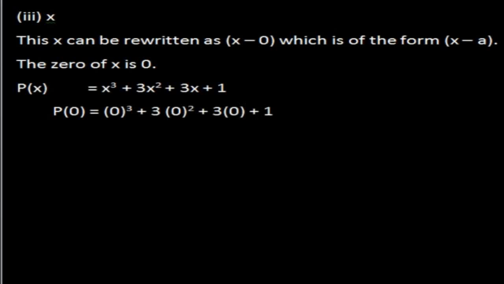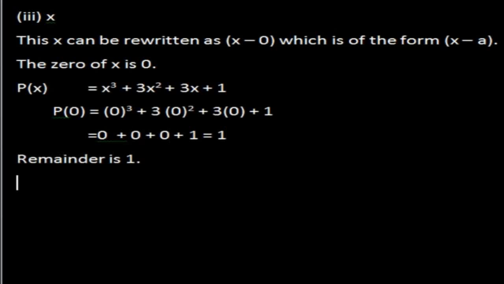On simplifying, the value of 0 cube is 0, plus 3 into 0 square, 0 square is 0, multiplying that 0 with 3 again it becomes 0, plus 3 into 0 is 0, plus 1, which is equal to 1. Therefore the remainder is 1.